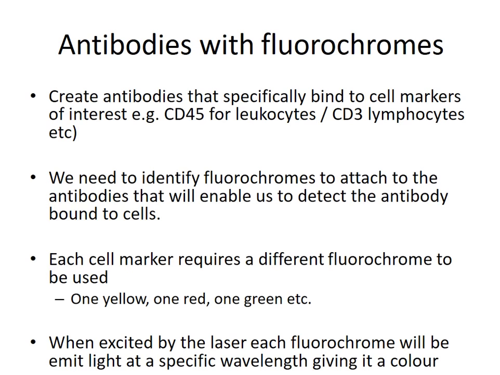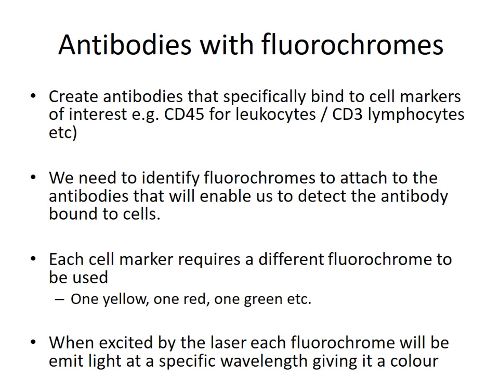Now, because we want to look at 3 or 4 different receptors at the same time, we then have a new challenge of how do we distinguish between these different receptors if they're being detected by the flow cytometer all at the same time? It's quite simple. We use these molecules called fluorochromes. And fluorochromes are basically like adding a colour to the antibody.